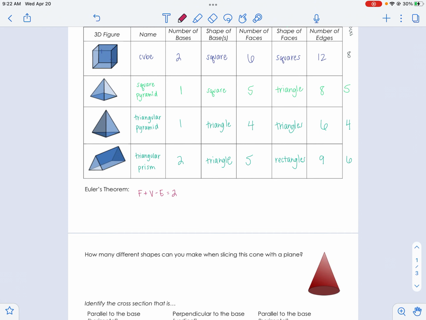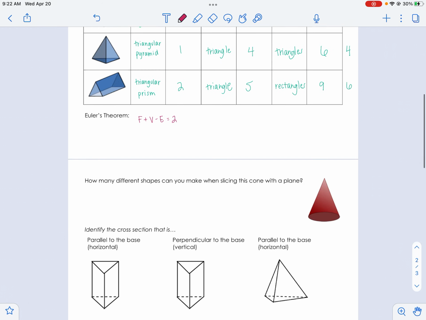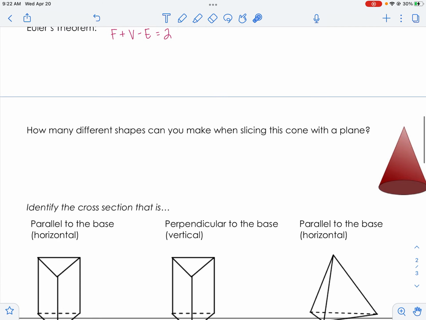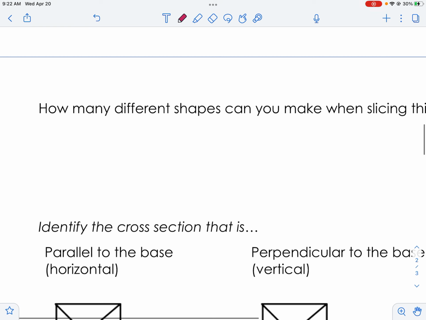Now, knowing what these shapes are and what shape your faces and your bases are really helps you whenever you're determining other parts. So if I asked you how many different ways could you slice this cone with a plane, and what shape would you get, this is what's called a cross section.